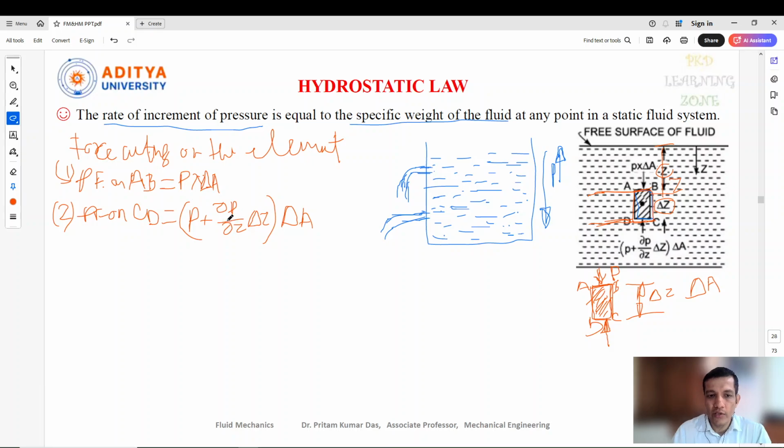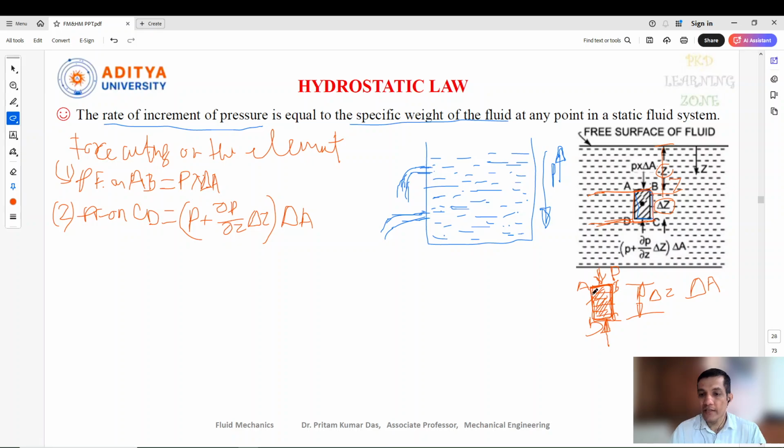So how did this dou P by dou Z come? Let's see. This is a small fluid element, and as I told you, it is a very small element. If you see the pressure acting on each zone inside this, there is some pressure everywhere with respect to some height.